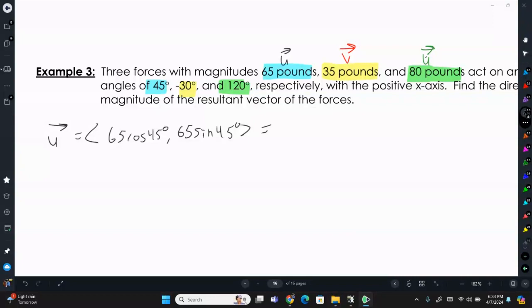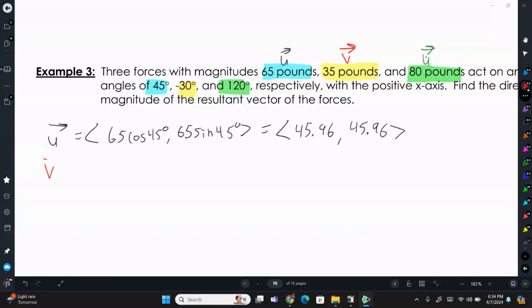And yes, I know 45 is in the unit circle, but because we're going to be adding these all together, it's just easier to use the calculator. So it's going to be 45.96. And then 65 times the sine of 45. It should be the same thing. Yep, 45.96, because we know sine and cosine are the same at 45 degrees.